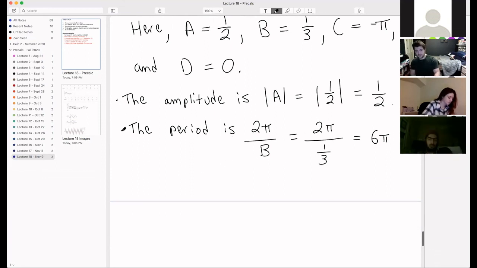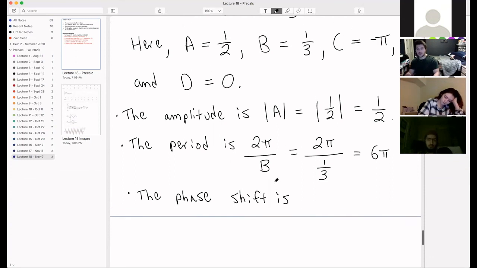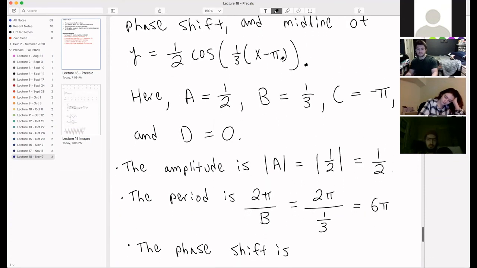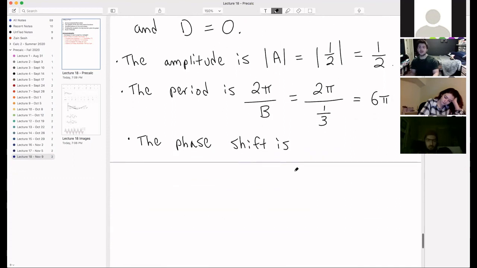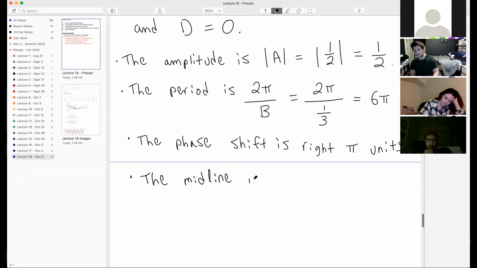Very good. Next, the phase shift is, okay, it's minus pi, which means we're moving pi units to the right. So the phase shift is right pi units. Very good. And the midline is y equals 0.